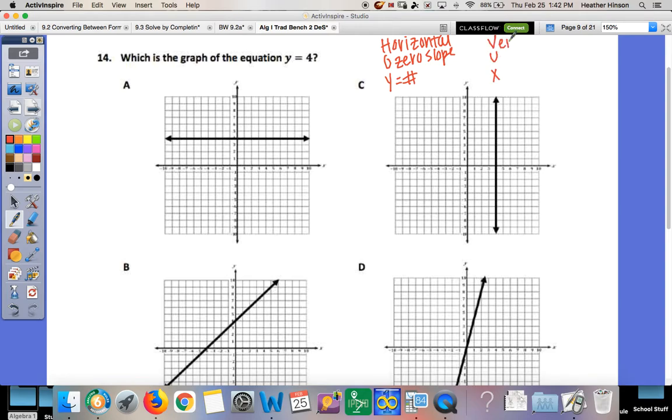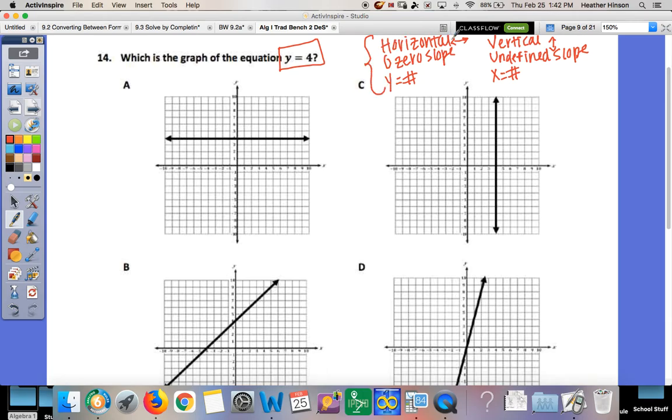Bucks was a vertical line, so it goes up and down, horizontals across. It's an undefined slope, and that is x equals a number. This one is just y equals a number, so we're going to look at Hoy.